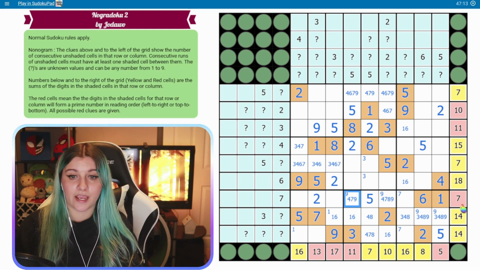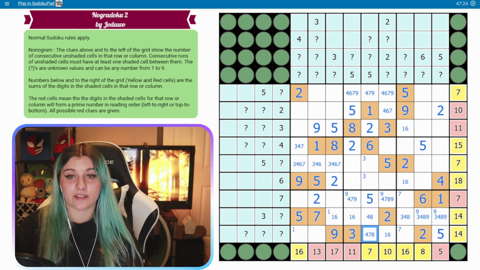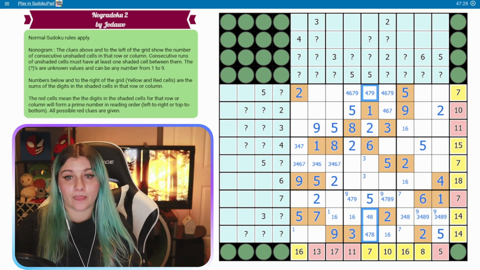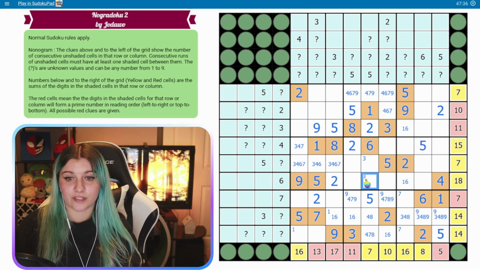This can't be an 8. But 4, 7, 9 is okay. Don't know anything here. This being a 4, 7, 8 is okay. This is getting interesting. This is a 3, 4, 7, 8, 9. I can't have a 4 here.